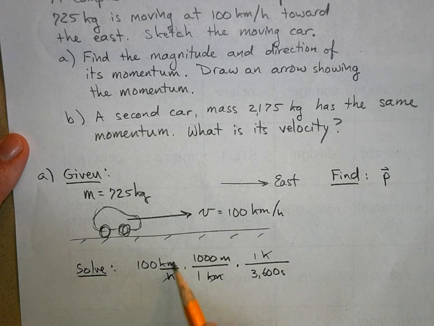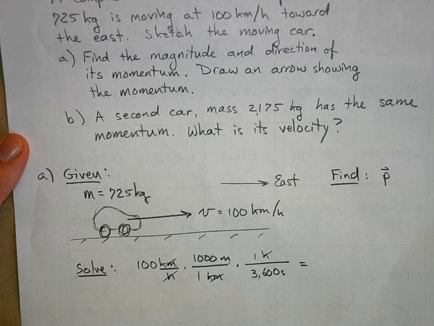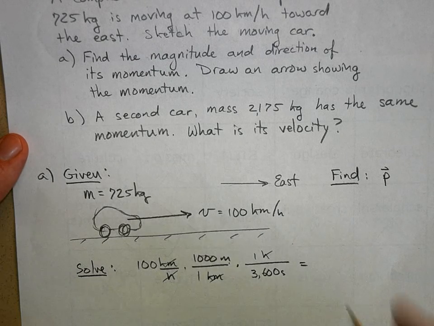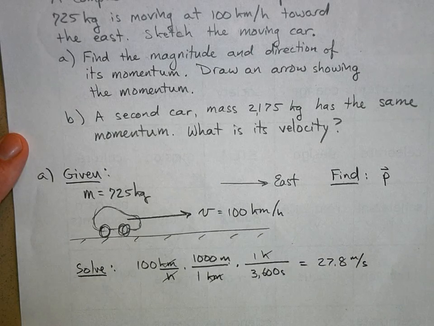So that cancels, and we're left with meters per second. So 100 times 1,000 divided by 3,600 equals 27.8, when you round it off, meters per second.